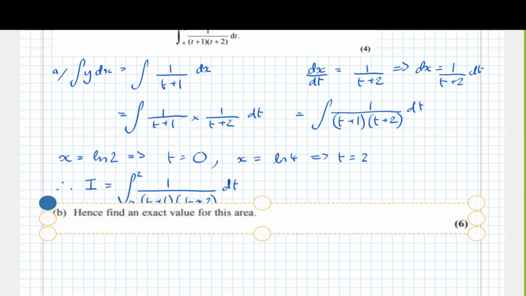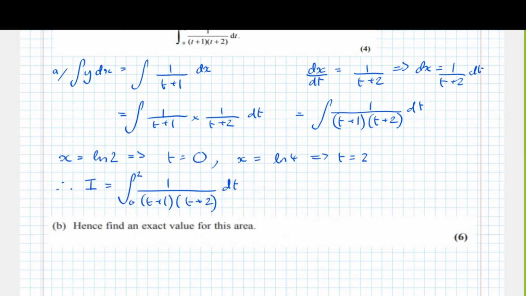So hence find an exact value for the area.